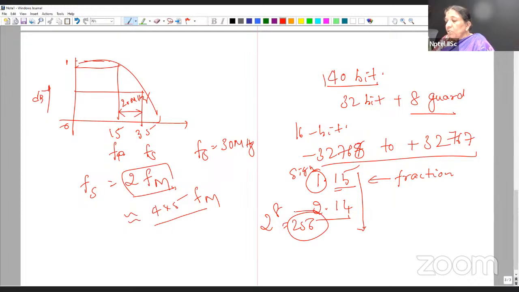So the maximum order of the filter you can design is 256, but be careful: if there is an overflow, even an FIR filter is going to go for a toss. It depends on the B0 to B1 coefficients and whatever input range you have taken.